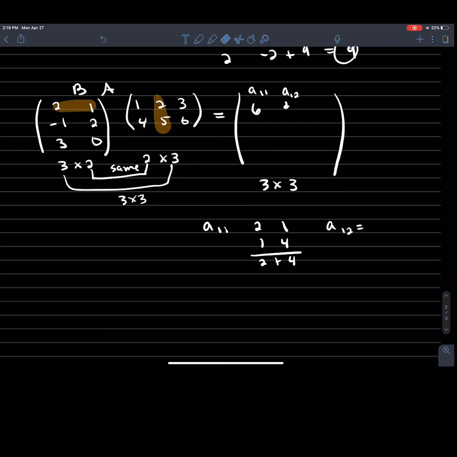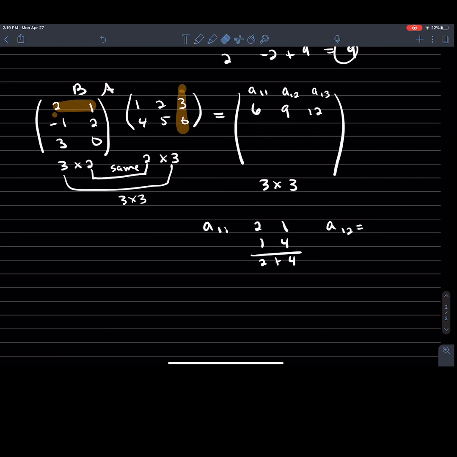Can we start doing these in our head? So 2, 1, 4 plus 5 is 9. My A13, I'm just moving down to the third one: 3 times 2, 2 times 3 is 6, plus 6 is 12. You get faster at it the more you do.